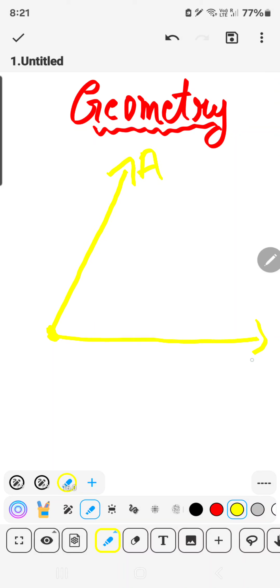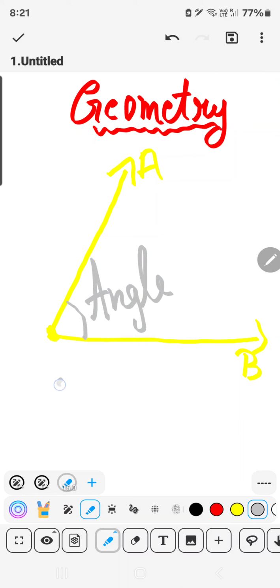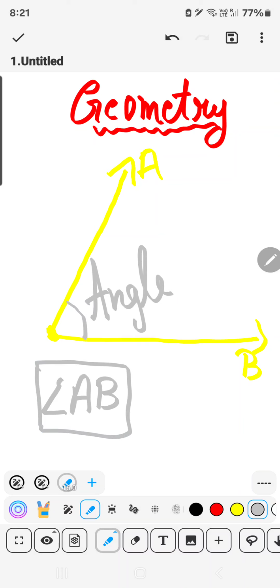Let this line be A and this line be B. So this is the angle, angle AB. When two rays originate, this is ray B, this is ray A, an angle is formed. Okay, so now is it clear what is angle?